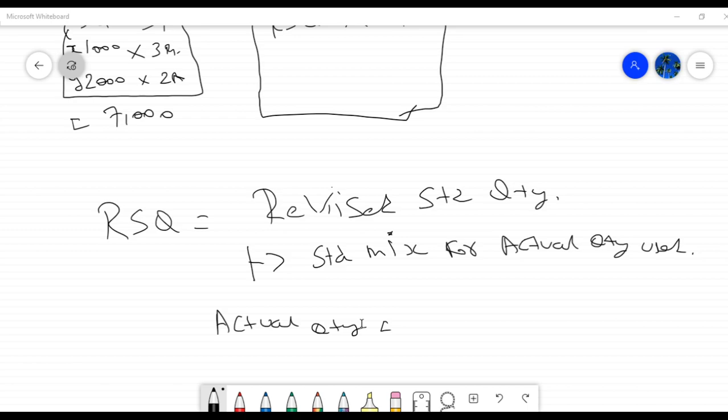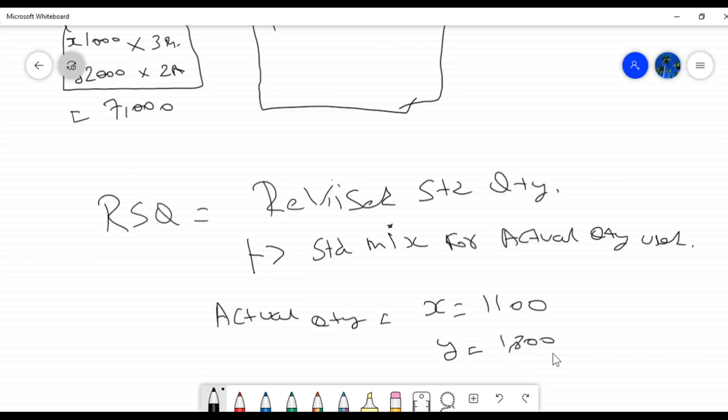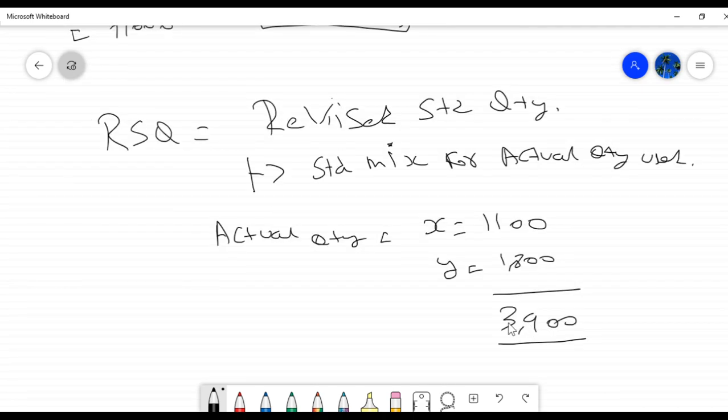Actual quantity for X is 1100, Y how much? 1800. Then total 3900. This is the actual.